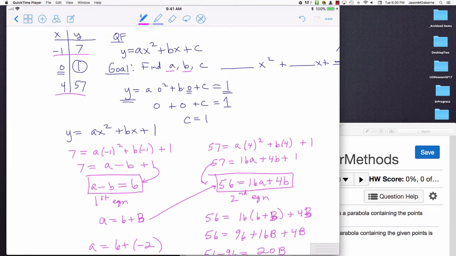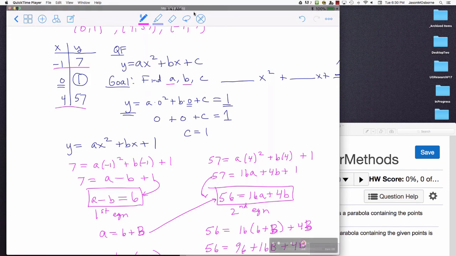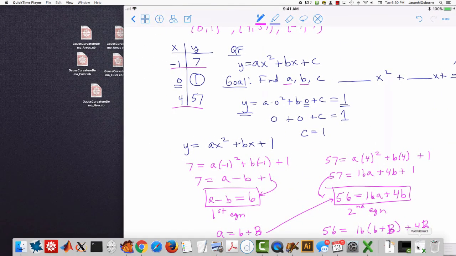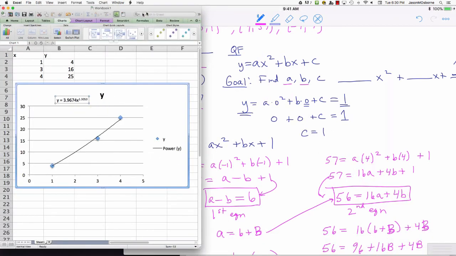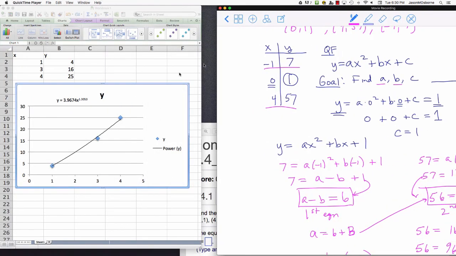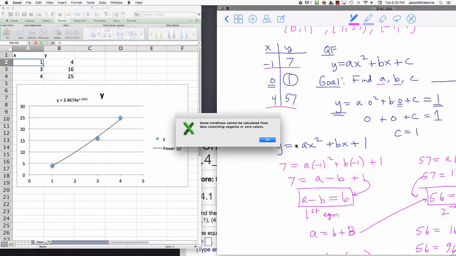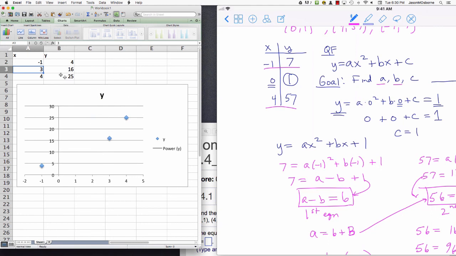So let's check our answer in Excel. You can bring Excel back in here. Let's see. When x was negative 1, it had a y value of 7. The x value was 0, y was 1. When x is 4, y is 57.